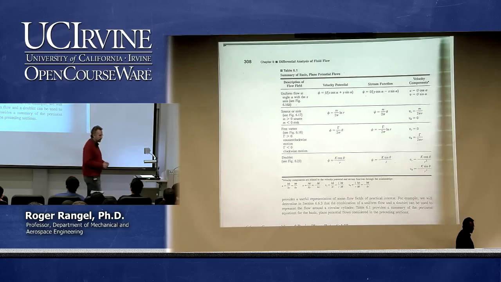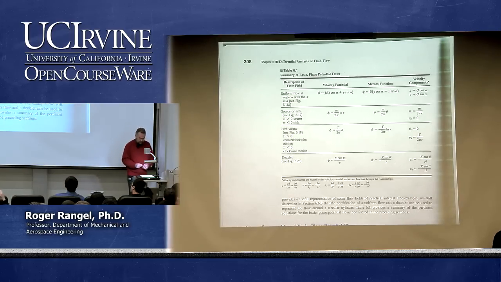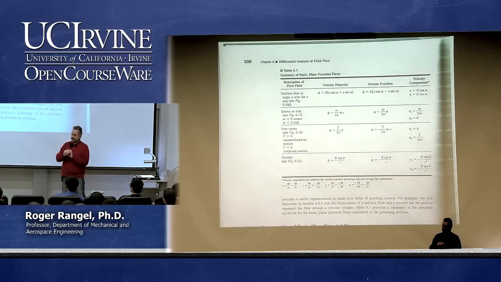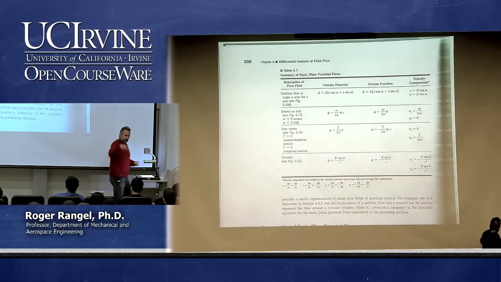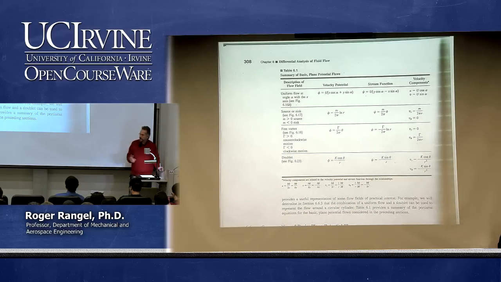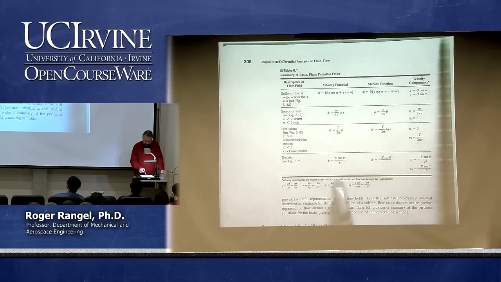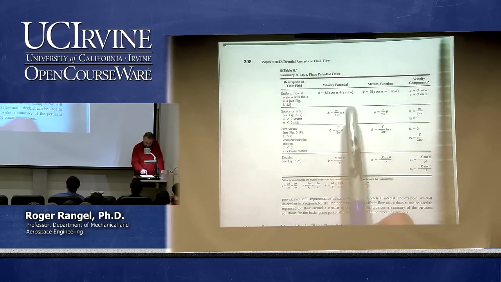Obviously, the source or sink is a flow going radially out or radially in. The vortex, of course, is concentric circles for the streamlines, and the doublet is a combination of a source and a sink, and it's also more easily treated in cylindrical coordinates. That's why these are all in terms of r and theta.